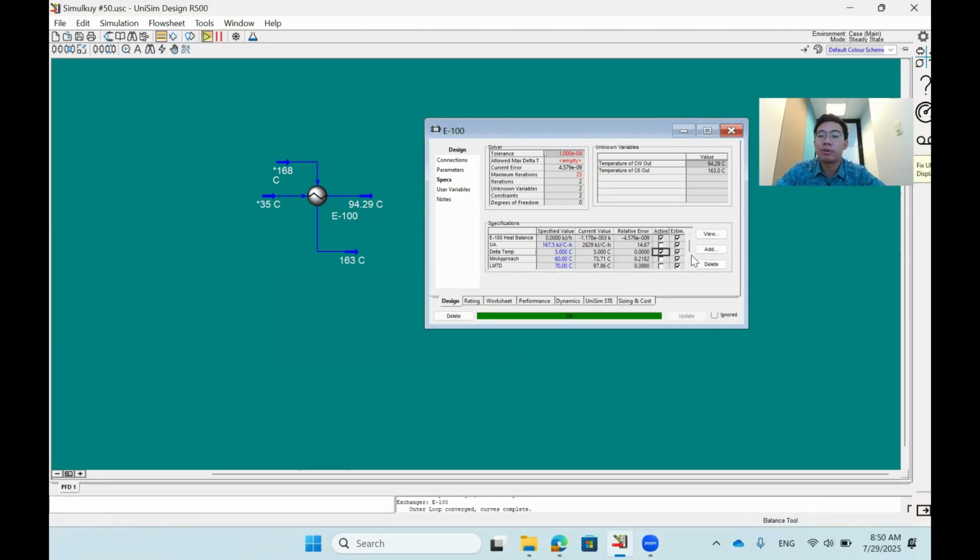If you want a more rigorous case, where you don't want to specify the flow rate of the stream but want it to be a calculated variable, you can remove the flow spec and change to another spec. If you want the temperature to not be constant, depending on the flow and the composition, you can also put the UA, because later the output temperature will depend on the input.